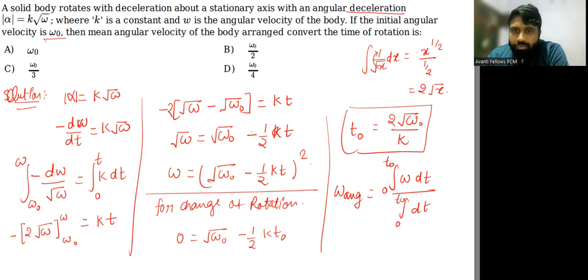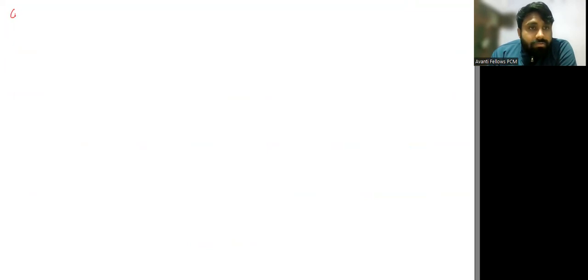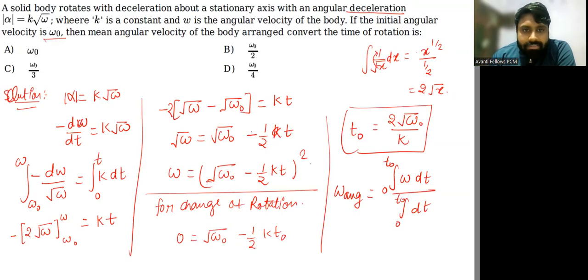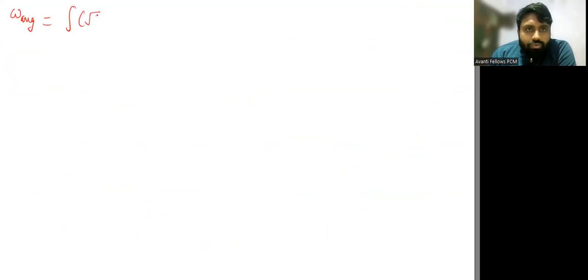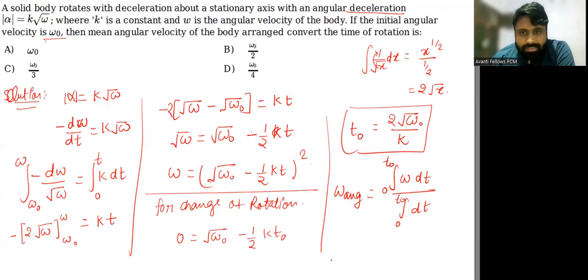So omega average is equal to the integration of omega, and the expression of omega we have is root omega naught minus 1 by 2 kt, whole square, dt, from 0 to t naught, and this will become t naught because it is the simple integration.